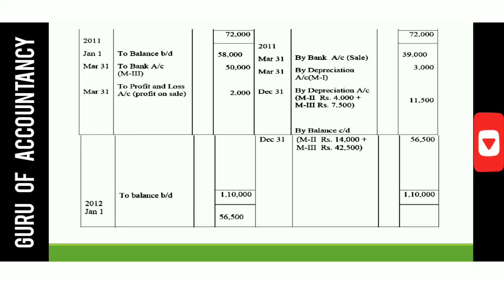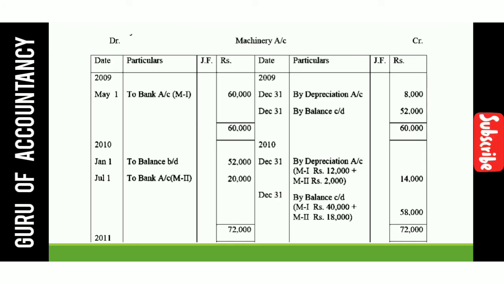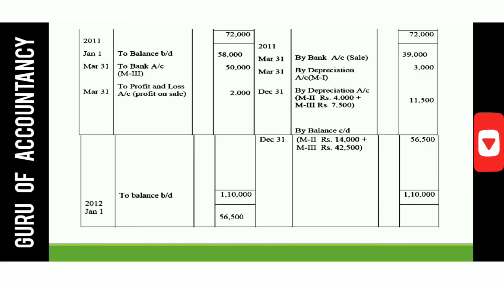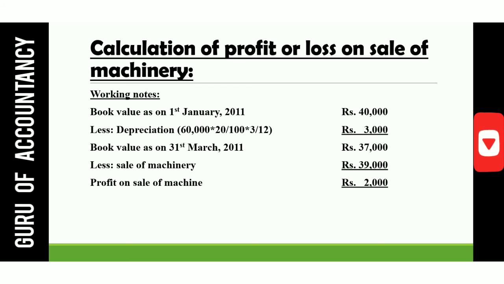Here you can see, by balance carried down on the credit side, first machine value is 40,000. Because its value was 60,000, first year we minus depreciation 8,000, so 52,000. From 52,000 we will minus 12,000 depreciation of the second year, so 40,000. So 40,000 is the value in 2011.